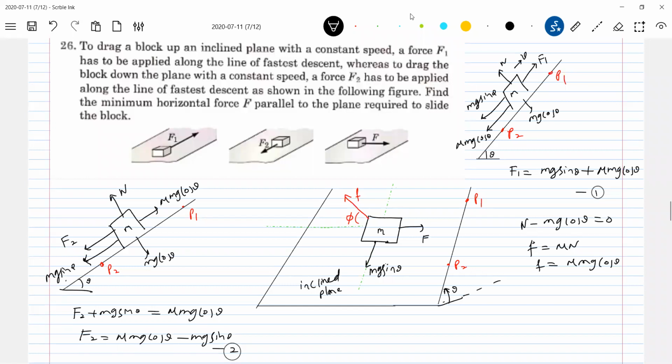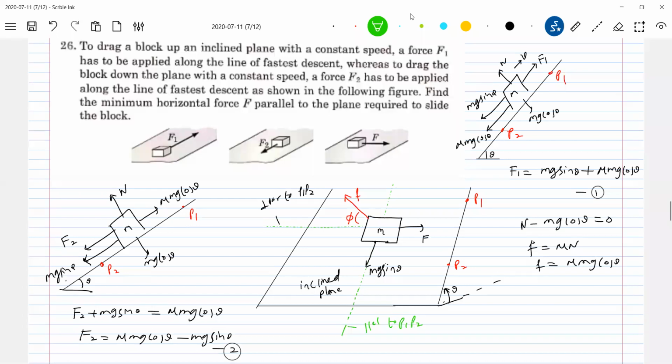Now let's write this direction. This I call perpendicular to P1, P2, and this line parallel to P1, P2. Along parallel and perpendicular, equate the forces.